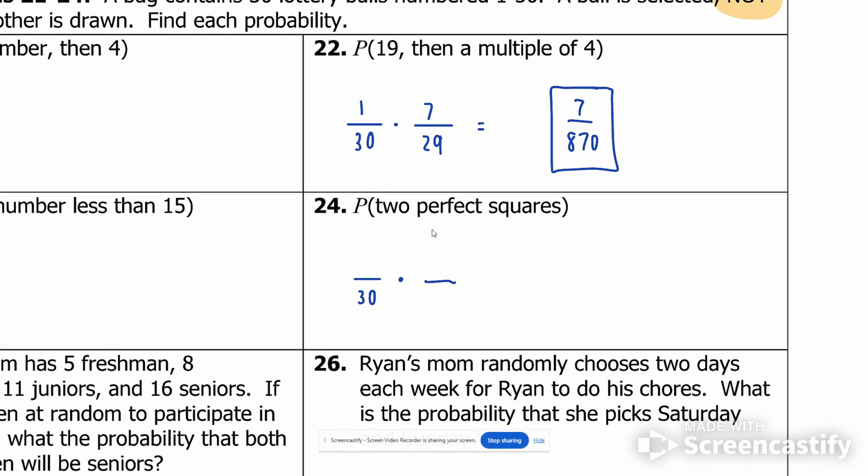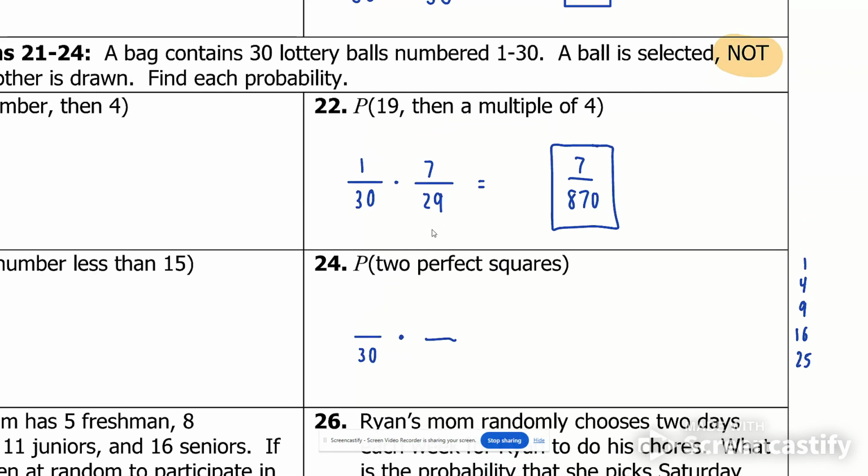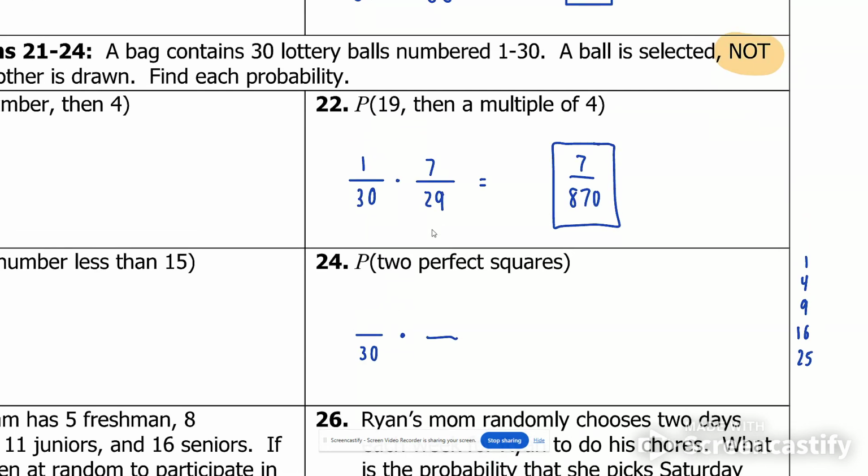So like, for example, if I start with 1. 1 times 1 is 1. 2 times 2 is 4. 3 times 3 is 9. 4 times 4 is 16. 5 times 5 is 25. 6 times 6 is 36. All of a sudden, we're above 1 through 30. So these are my only possibilities. There's 1, 2, 3, 4, 5 of them.